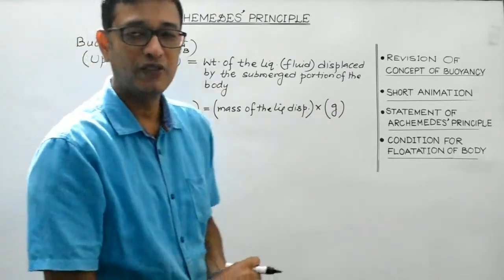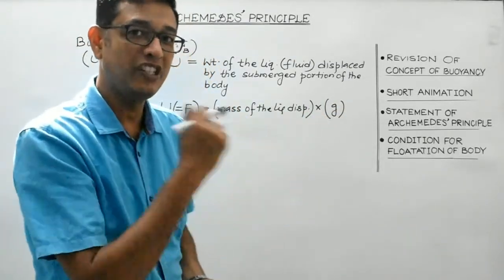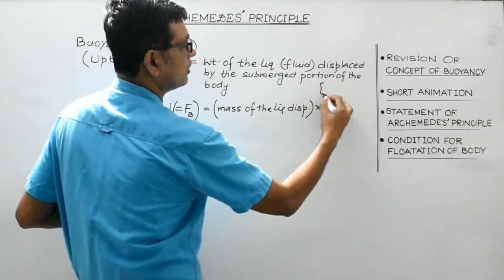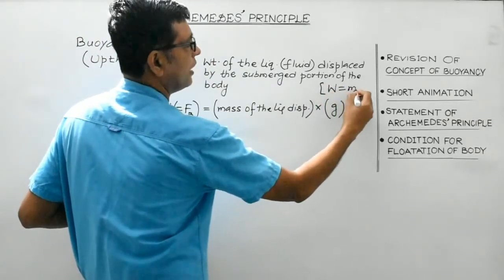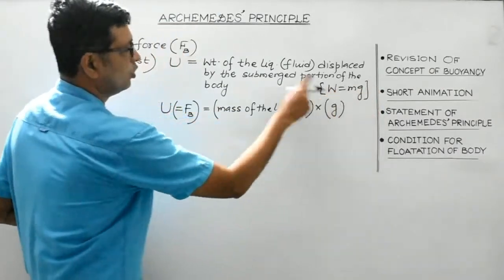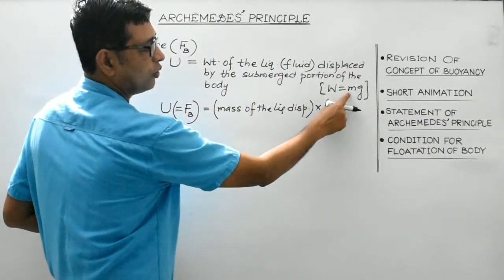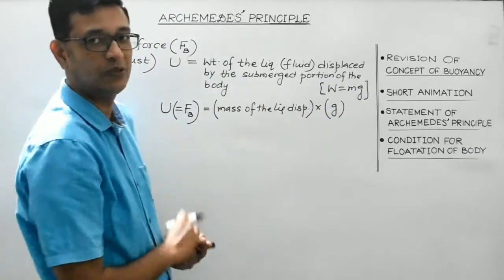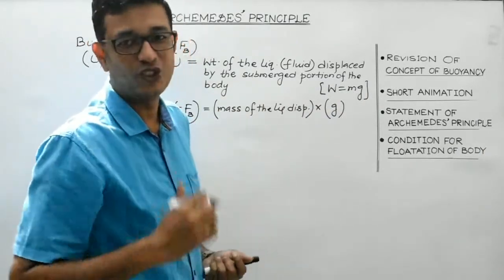Now weight, as we are aware, is equal to m into g. Right? So we are aware of this formula. W is the weight of the liquid displaced, m is the mass of the liquid displaced, and g is the acceleration due to gravity.